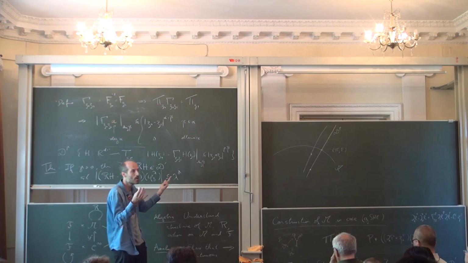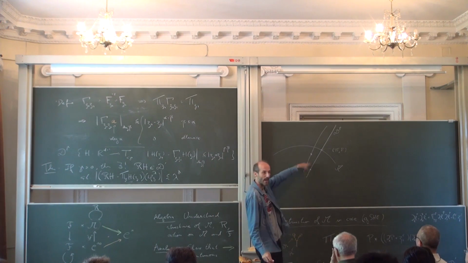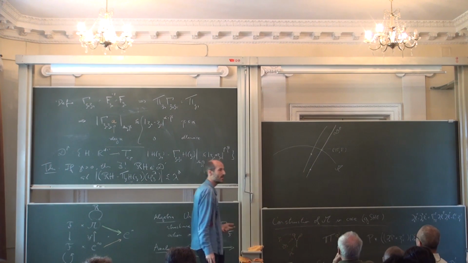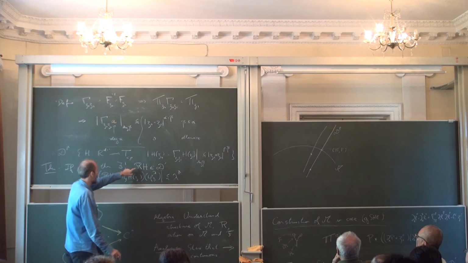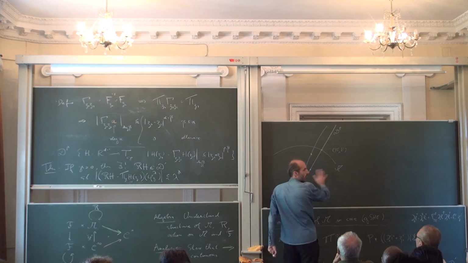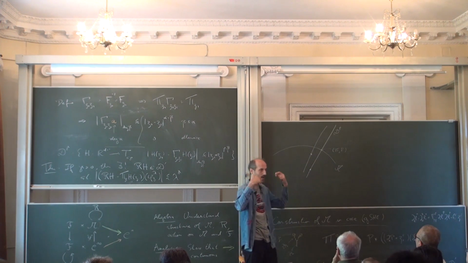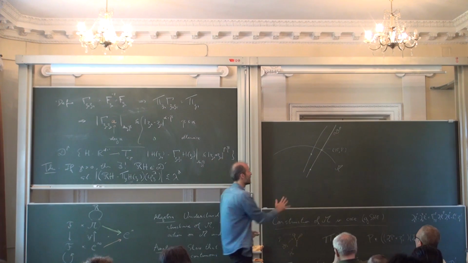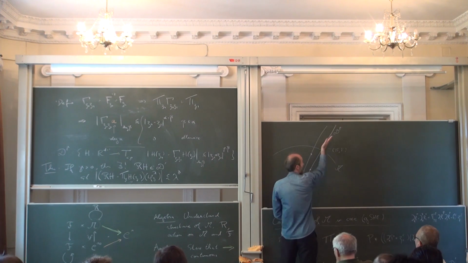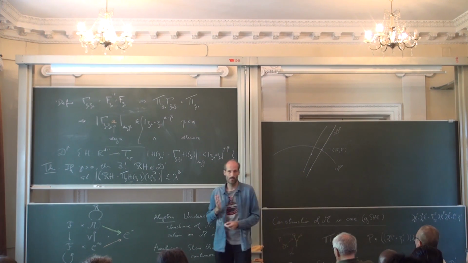So there's a very natural way of comparing guys that don't sit in the same space. And so now this map R is really a map from this whole bundle into distributions, and it's continuous as a map on the whole bundle and not just on each of the fibers.